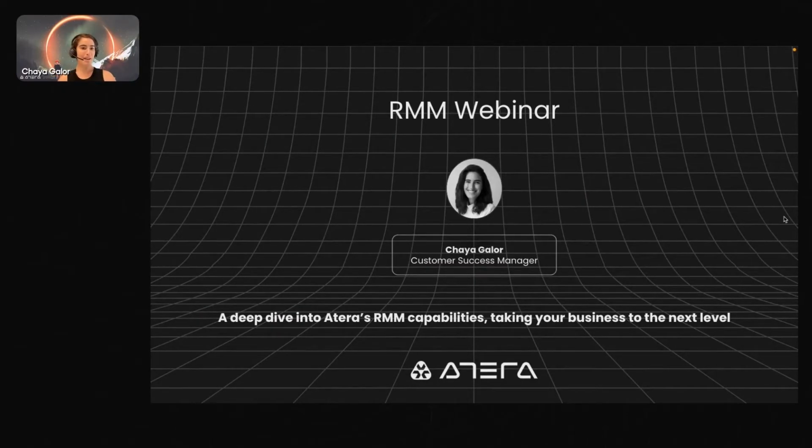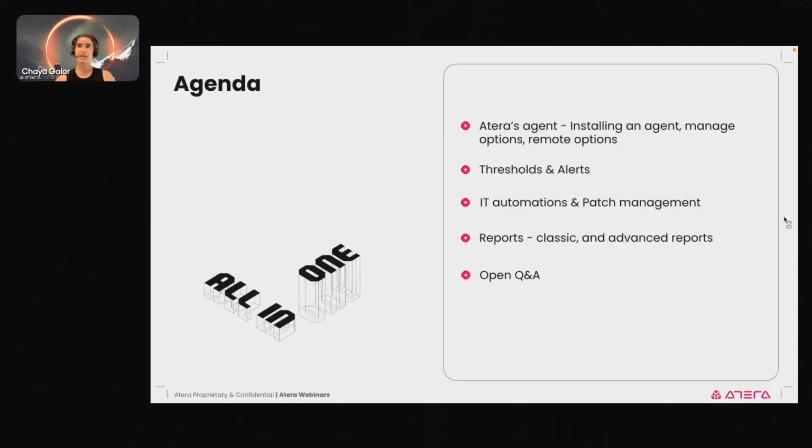Welcome to today's webinar. Today, we're going to be going over the RMM aspect of Atera. The agenda for today is we're going to go over how we install an agent, the information we're going to be pulling from the device. Later on, we're going to go over thresholds and alerts and how you can monitor the different devices that you have within Atera.